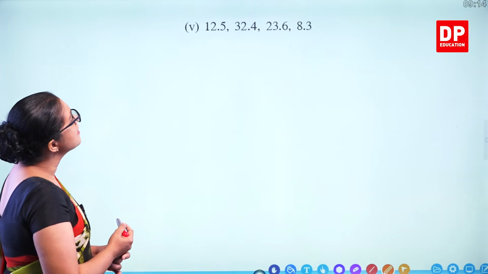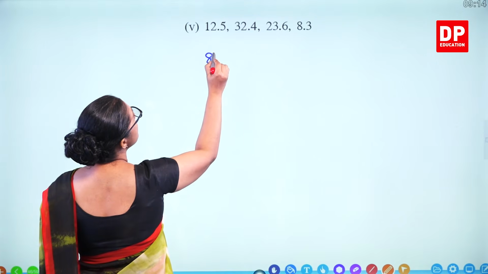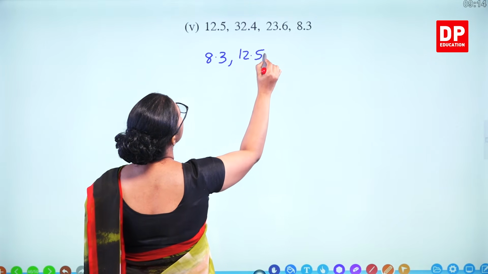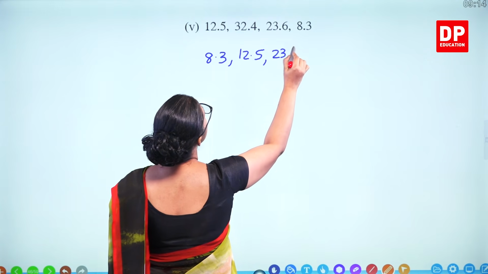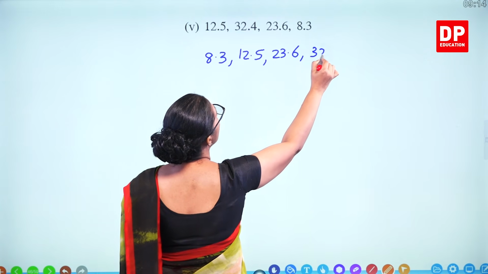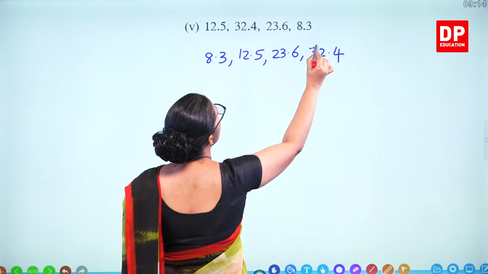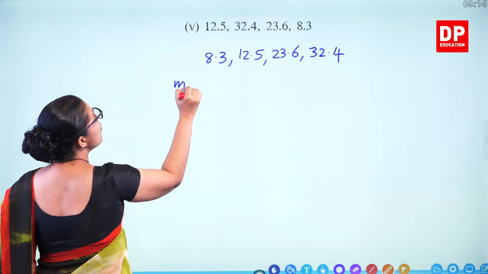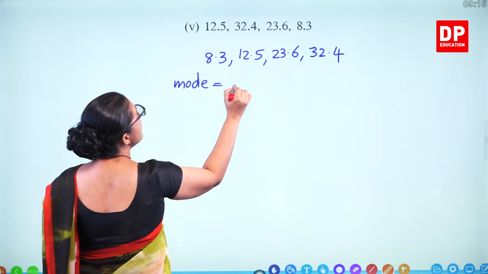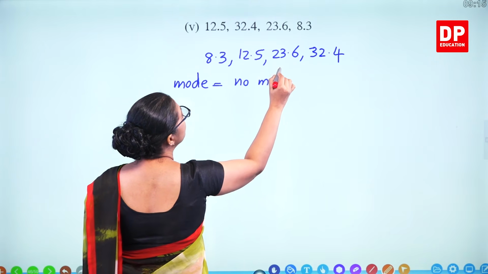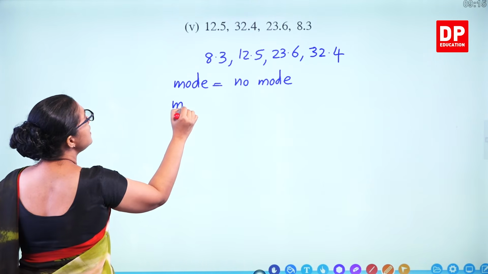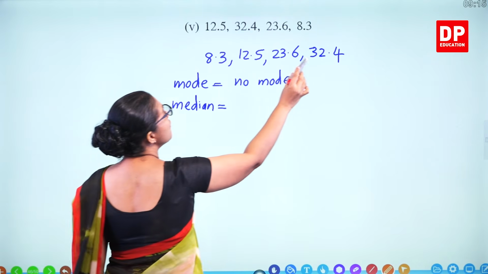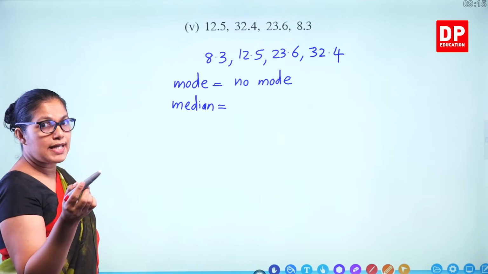Another data set. So 8.3 is the lowest. 12.5, 23.6 and 32.4. So all these numbers only once. So mode, you can say no mode value. Median: 1, 2, 3, 4. Even number of data points.